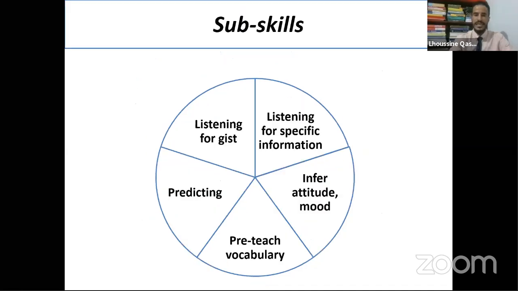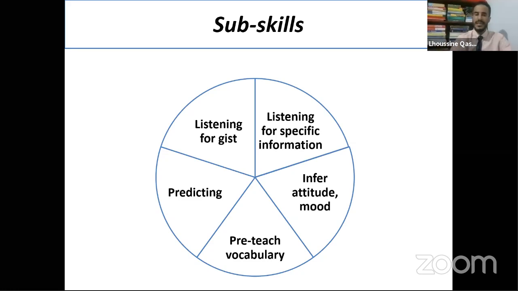Wonderful. Thank you. Now here, the sub-skills, they are the same as reading. Lesson or reading skill, it's the same as listening. The sub-skills that will help you to motivate, to prepare, to build interest, to encourage your learners to understand the listening are listening for specific information, inferring attitude or the mood of the speaker, pre-teaching vocab, it's also a sub-skill.